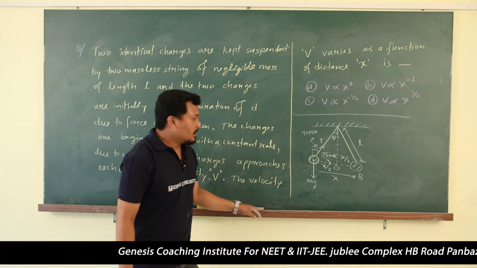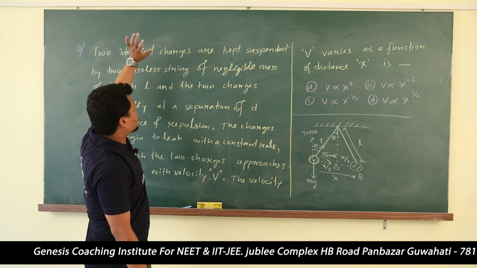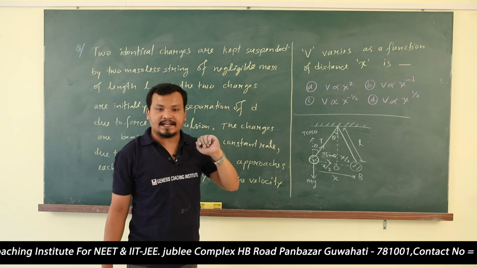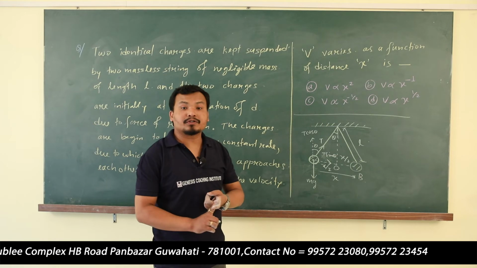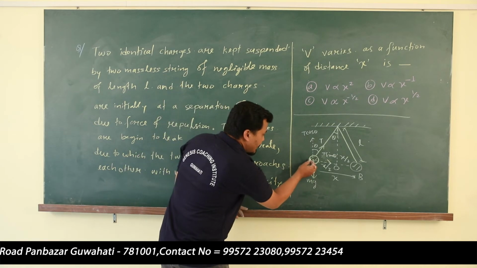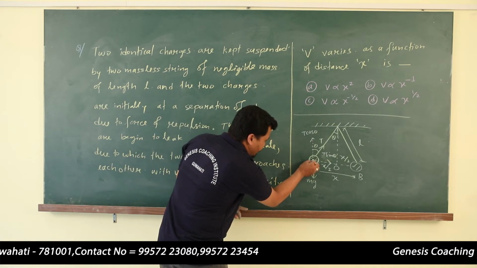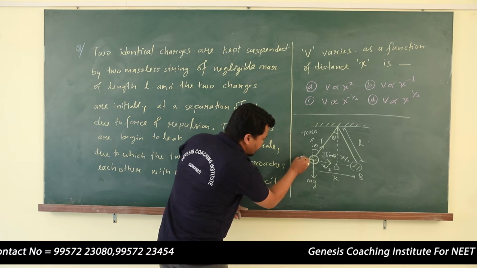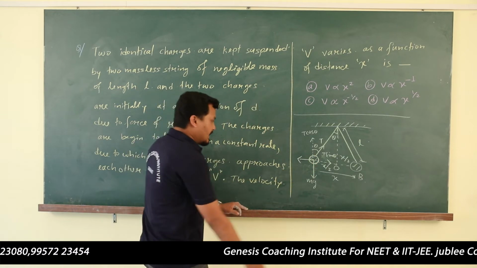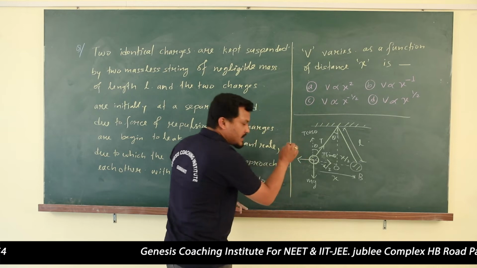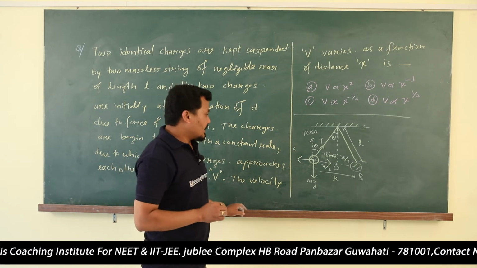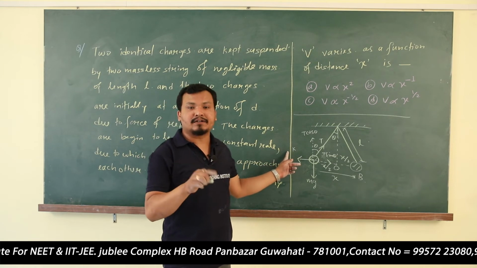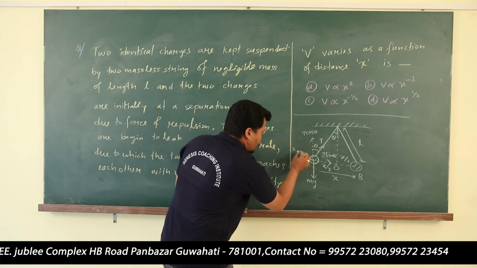Since the two charges are identical, their nature is the same, so there is a force of repulsion. The repulsive force acts along this direction and equals k q square divided by x square, where k is 1 by 4 pi epsilon naught, equal to 9 into 10 to the power 9.